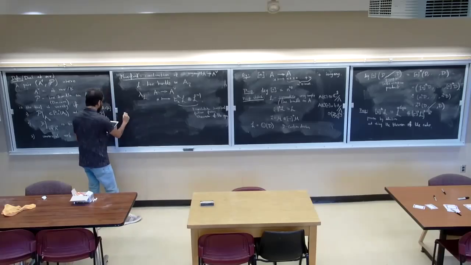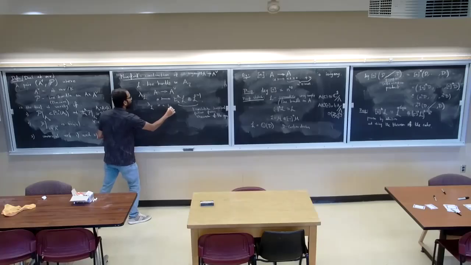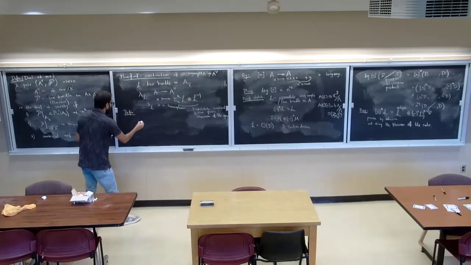Now I can define what a polarization is. So we basically showed that using this, you can show that there is a homomorphism. So now what is a polarization?